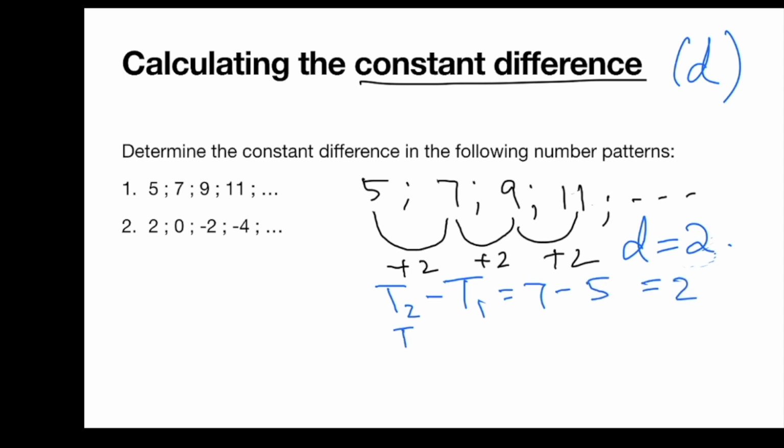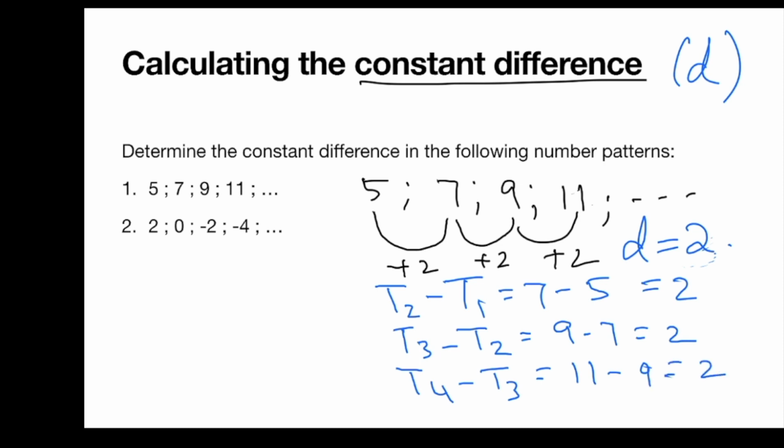Again, if you take the third term and you subtract the previous term, that gives you 9 minus 7 is equal to 2. That's the same thing if you take the fourth term and you subtract the previous term, which is the third term. That will give you 11 minus 9, which is equal to 2 as well. So to work out the constant difference, you need to take a term and subtract the previous one.